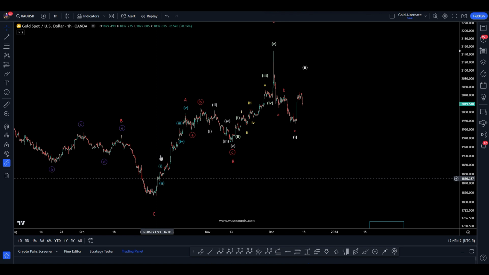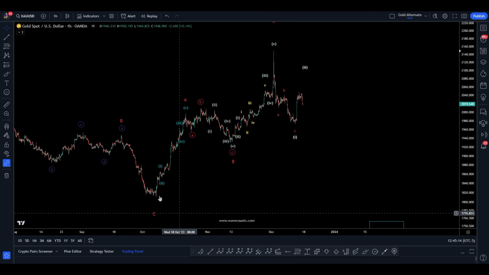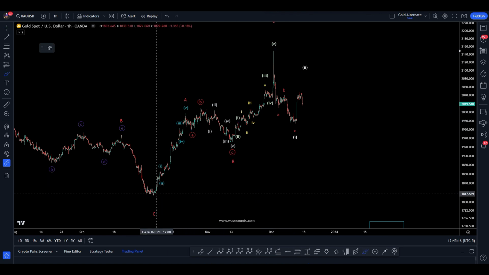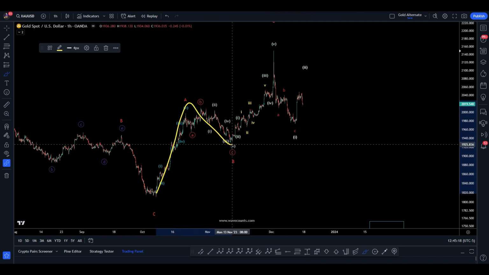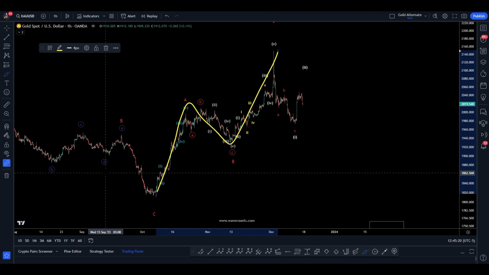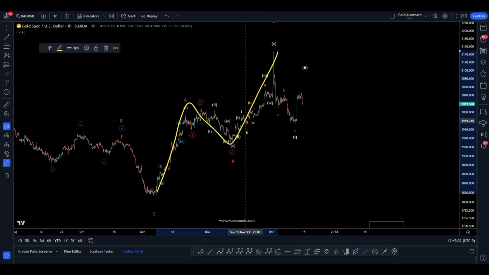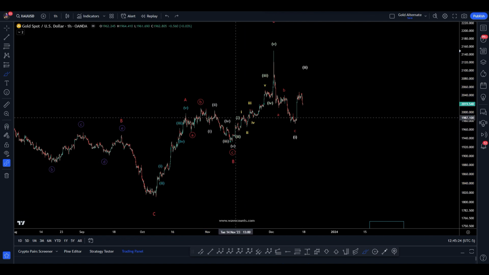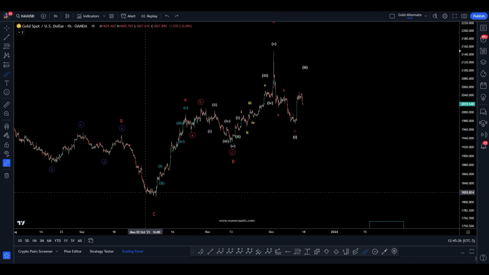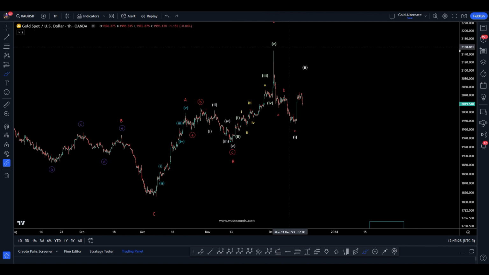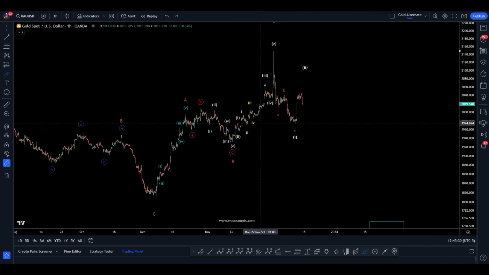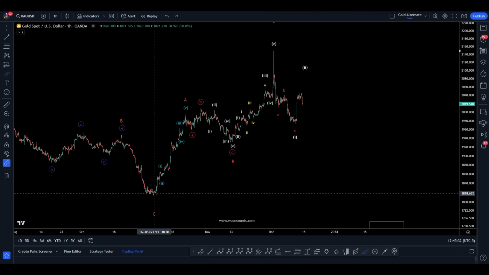Because if you're going to have a three-wave move, right, we're going to say that this is a zigzag and not 1, 2, 1, 2, right? If this is a zigzag, you cannot have an impulse and a zigzag. That's not a legal formation. It has to be 5, 5, 3, 5, right? 5, 3, 5.